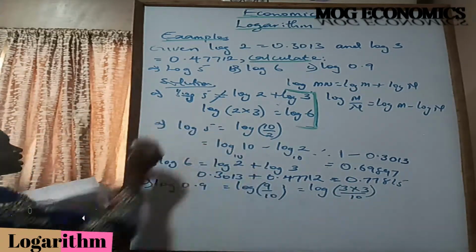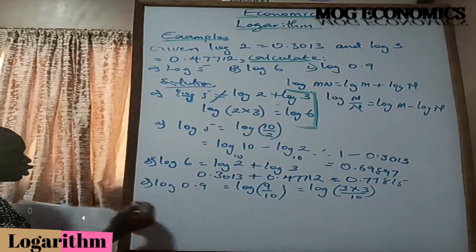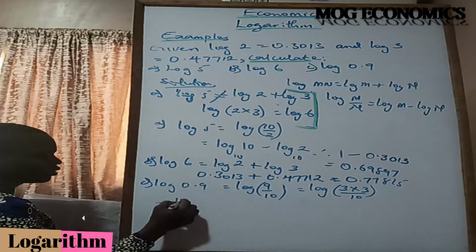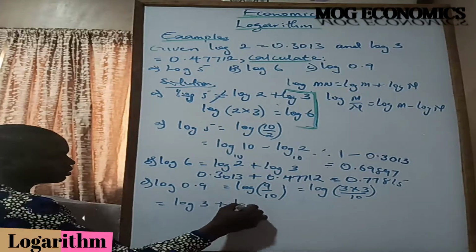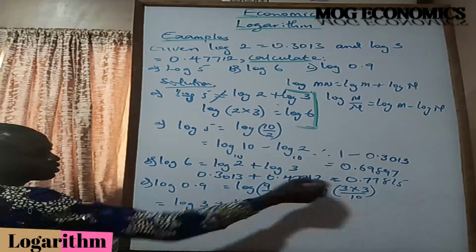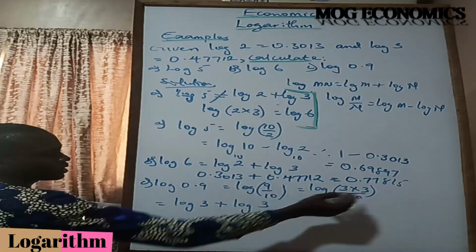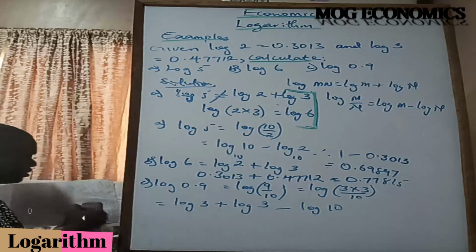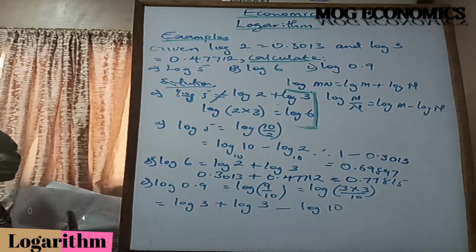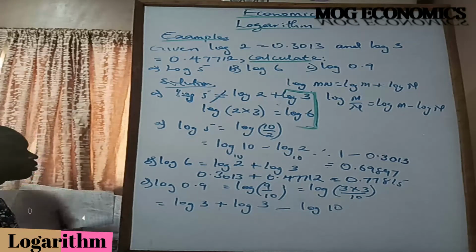Since we don't have 9 in the equation, but we have log 3, when we express the whole thing in full, we're having log 3 plus log 3, because 3 times 3 gives us 9. And the division sign here will mean minus log 10. So log 3 plus log 3 is 2 log 3.